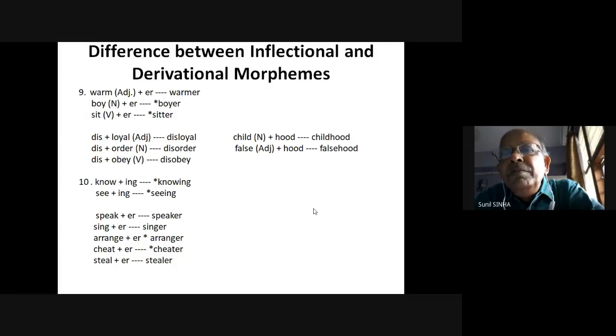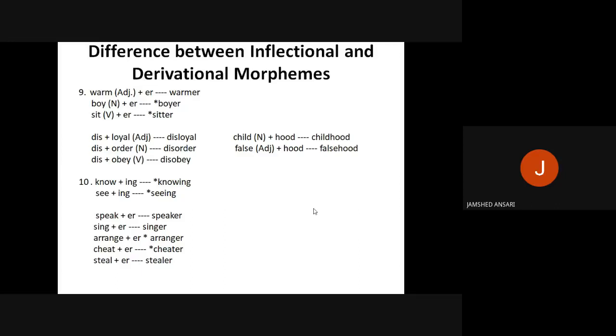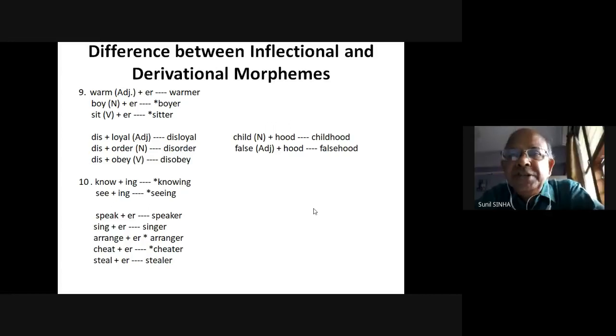But ER cannot be added to a noun. We cannot have boyer. We cannot say more than a boy, right? Or sit, we cannot add sitter, more than sit. ER, that is an inflectional morpheme.